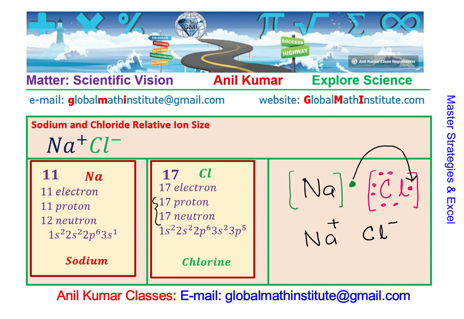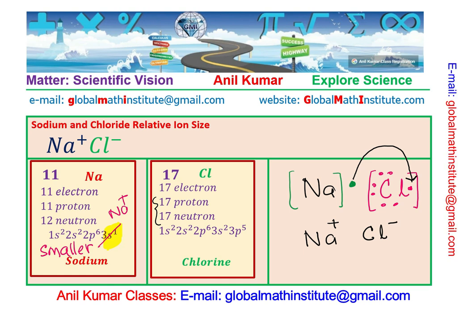Since sodium has lost this particular outer 3s1 electron, this has vanished now. In the case of the ion, it becomes smaller. You get the idea. It has lost the outermost valence electron, so size decreases.